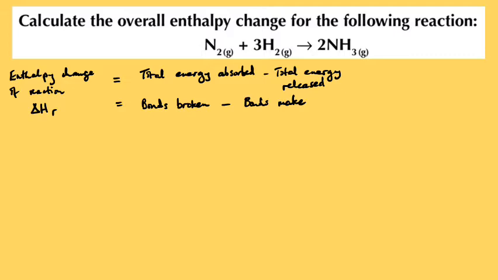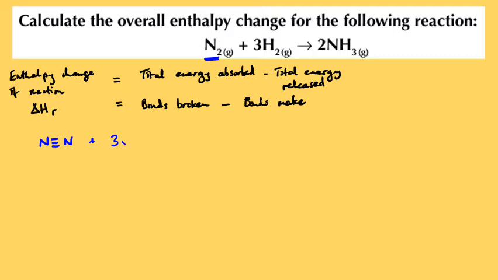There we are. So let's have a look at this reaction in detail, the reaction between nitrogen and hydrogen. It's often a good idea to actually draw the molecules. We sort of did this before, but let's do it again. We've got nitrogen, and that's got a triple bond between the two nitrogen atoms. And then we've got 3 hydrogen molecules.